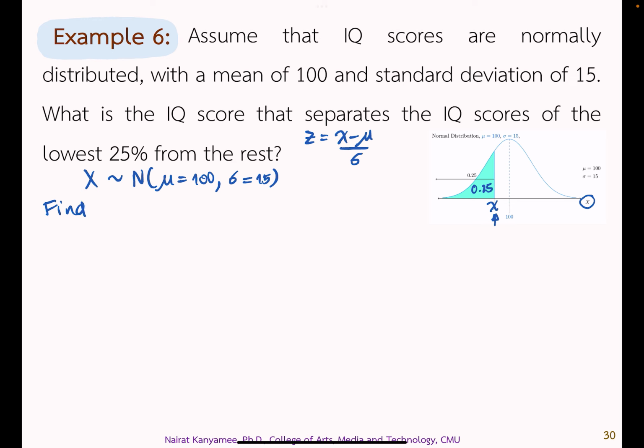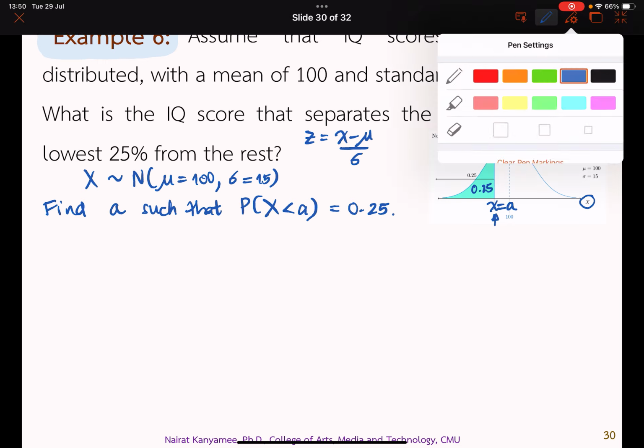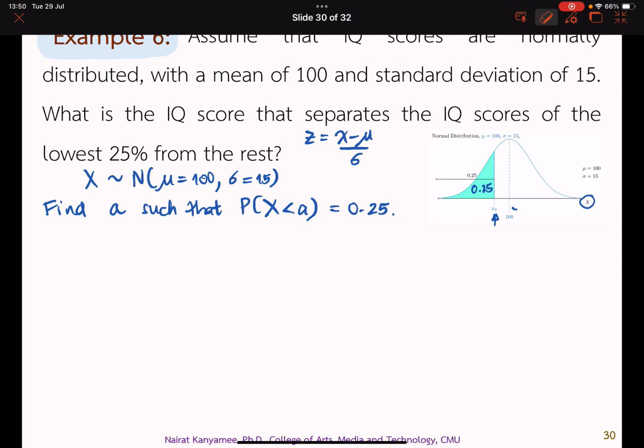We find a value a such that P of X less than a is 0.25, right? We need to look for this value, x equals a here. Let me change it to a so you don't get confused. Looking for a here.